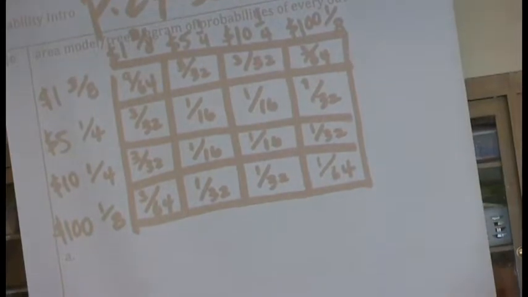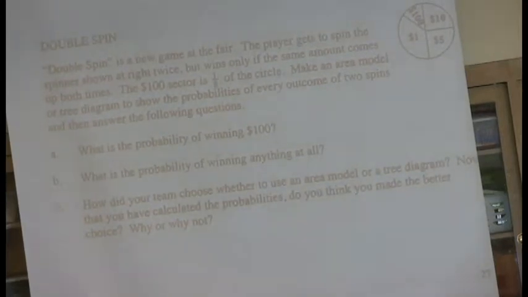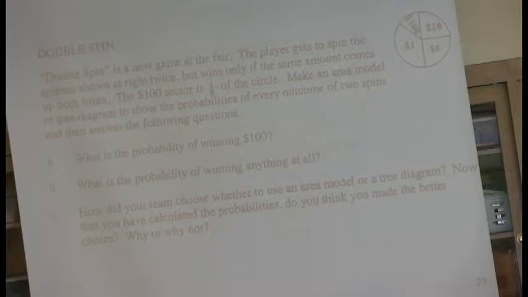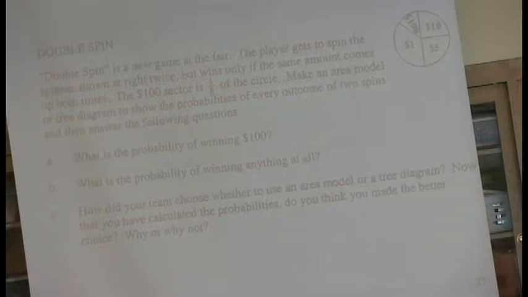Okay? Second question, however, gets a little bit more complicated and more of what a high school student should be able to accomplish. It says, what is the probability of winning anything at all? So what's the probability that I win $1 plus the probability that I win $5 plus the probability that I win $10 plus the probability that I win $100?